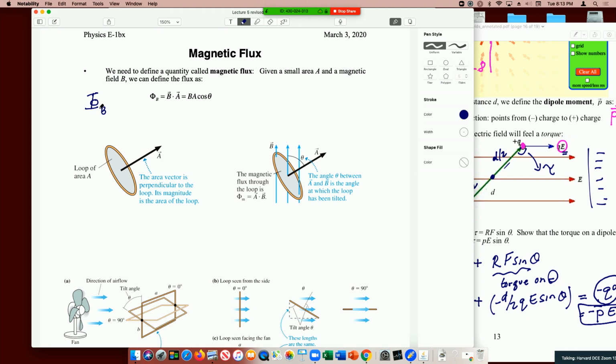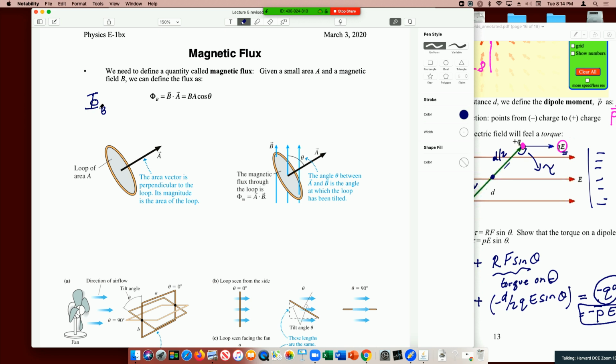So let's say that I've got this loop, but it's not connected to a power supply. It's got no current going through it. And I've got this external magnet, which obviously has a magnetic field. I orient the magnet so that the field lines are exactly perpendicular to the loop.